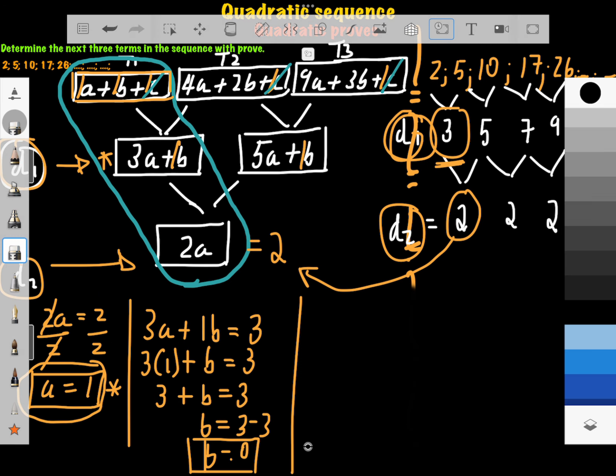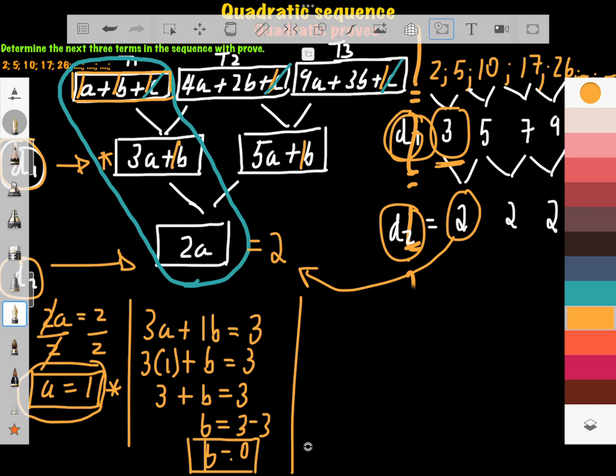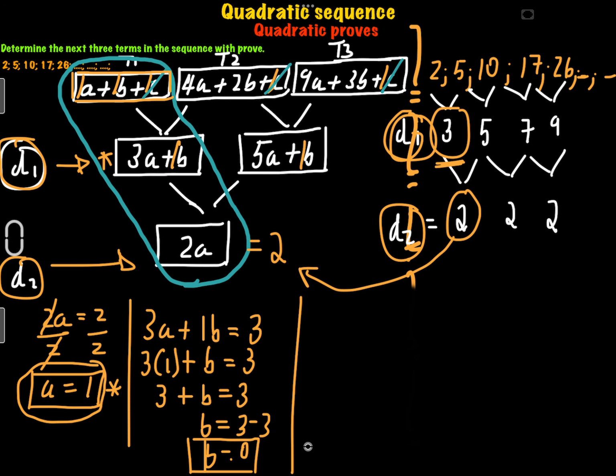Now for the third equation, we have a plus b plus c is equal to the first initial value, which in this case is 2.